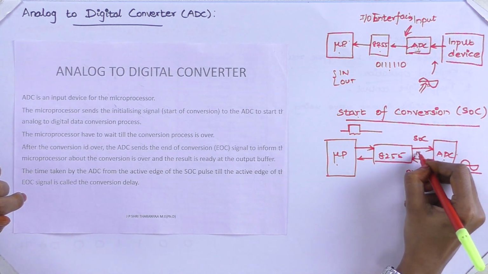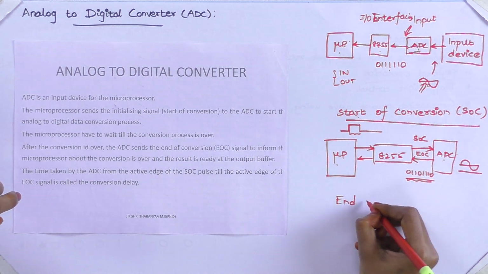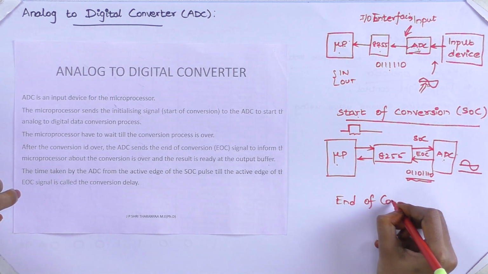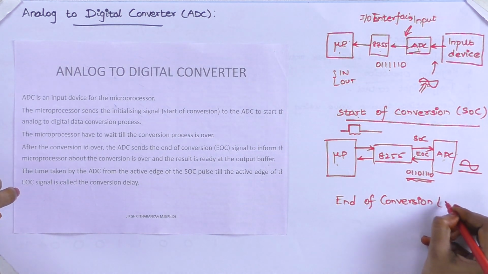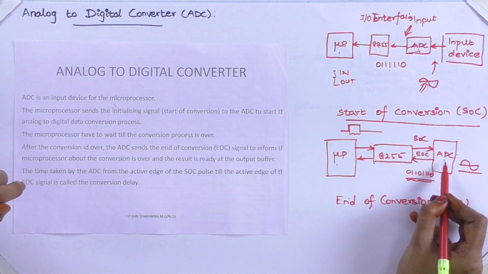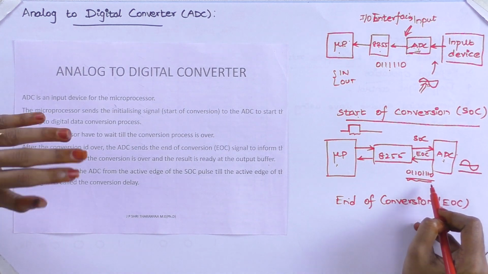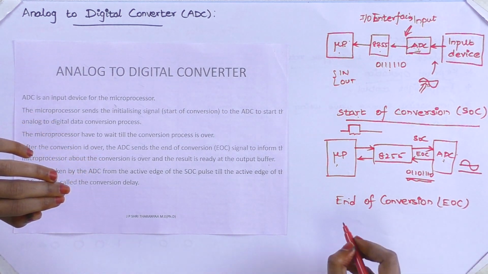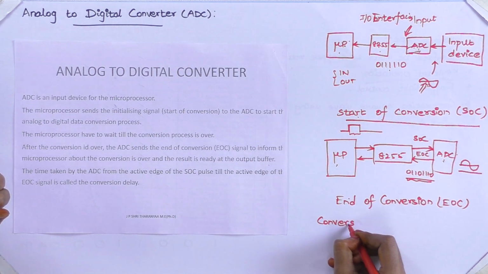That signal is called EOC, end of conversion. This signal is issued by the analog to digital converter to the processor to indicate that the conversion is over.